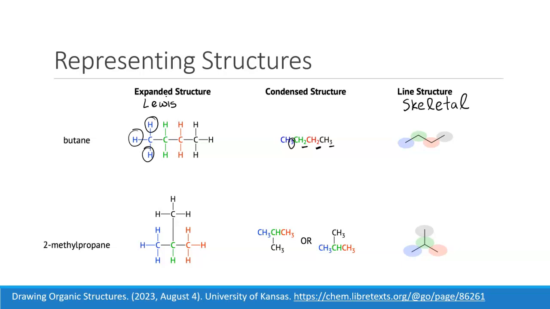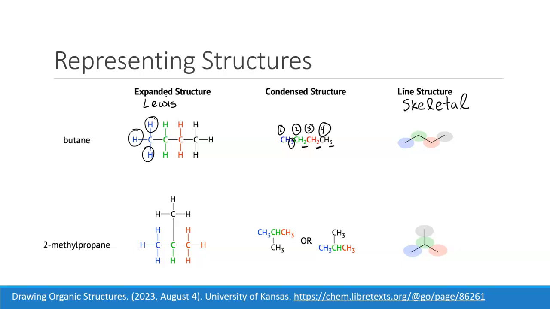Now when we jump down to the skeletal structure, we're going to remove all of the atoms and only look at the bonds between carbons or possibly carbons to heteroatoms. But we will not see any bonds between the carbons and hydrogens, just like in the condensed structure. Now the best way to do this is to number the carbons in your condensed structure. So we want to label them from left to right, and therefore you have carbon 1, 2, 3, and 4.